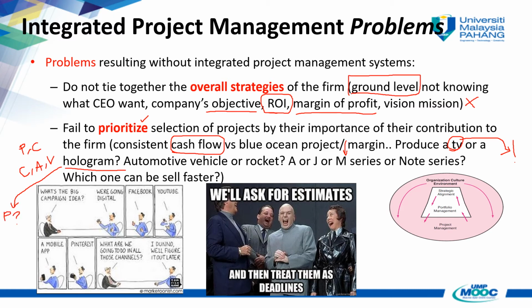Our consistent cash flow comes from the automotive vehicles that we sell. Not many people want to buy a rocket as transportation. This is used most of the time by the military, this is by the civilian. This is where the money comes from, not here.